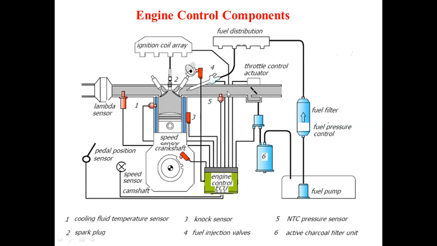Through this passage you are supplying the air. So fuel and air you are supplying to this engine through this intake valve, and this is the second, your exhaust valve. In between the intake and exhaust valve, you are observing the spark plug. So the second number indicates that it is a spark plug.